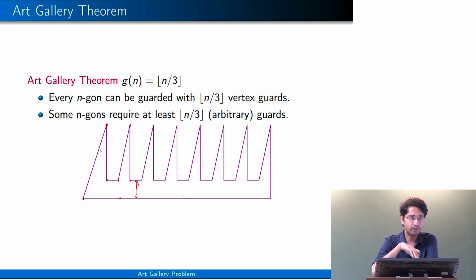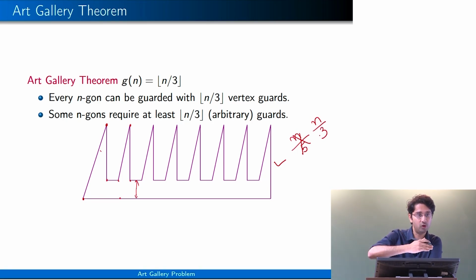Can we say that n by 5 is always enough to guard any polygon with n vertices? No, because for this example you cannot guard this polygon with n by 5, right. So, I know that I need at least n by 3, but the question is, does the lower bound match the upper bound?